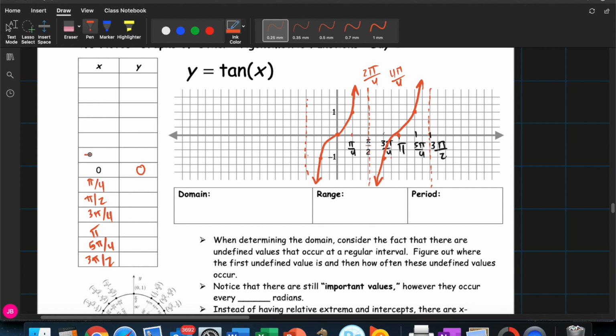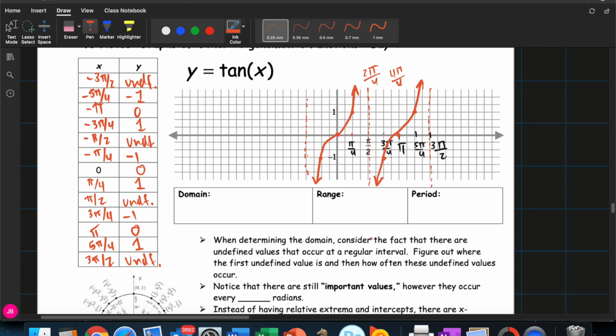And you would do the same thing on the negative side. And you will notice once again that the pattern repeats. So from 0 is 0, pi over 4 is 1. Then pi over 2 is undefined. 3 pi over 4 is negative 1, then 0, then 1, then undefined. The pattern repeats in the opposite direction as well, negative 1. And you are free to go ahead and plot these points.